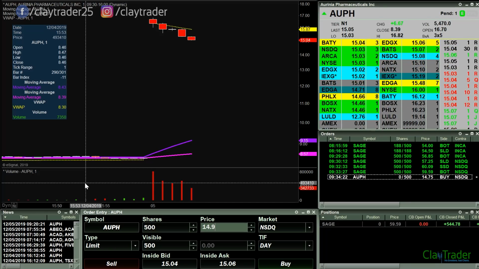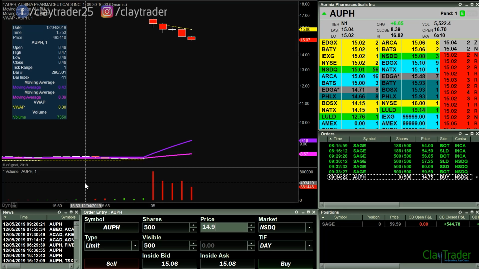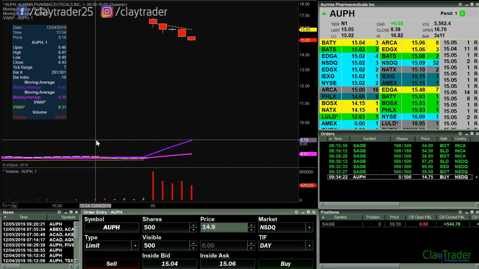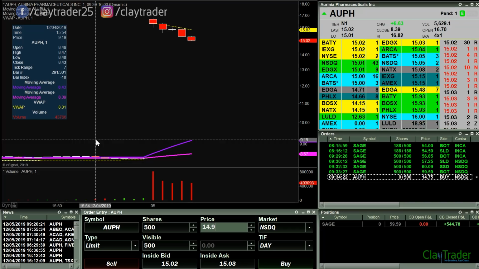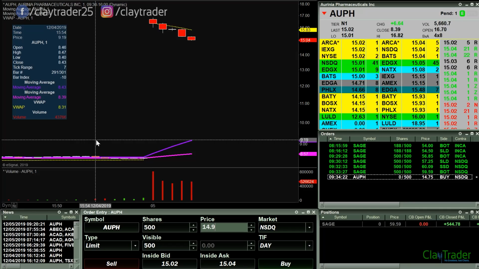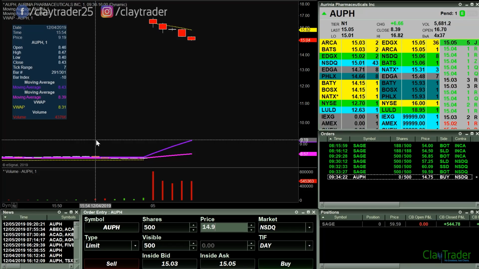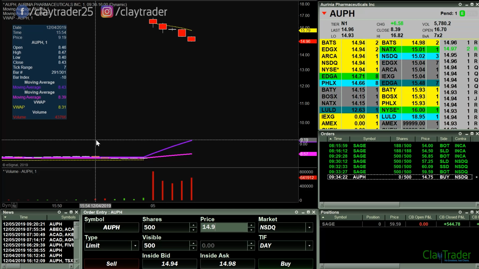Let's see if it can break down there through 15. Again, overall context is bullish because of that big gap up. There's the break.